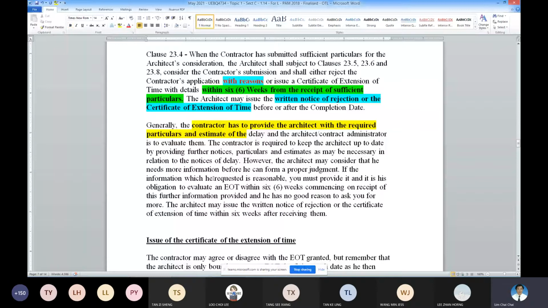You have to use the working program approved around that time as a basis for your extension of time evaluation. If there is a revised one after this extension of time, you have a new or revised working program that could be applicable for activity that is delayed during the month of May or June. I hope you are clear.